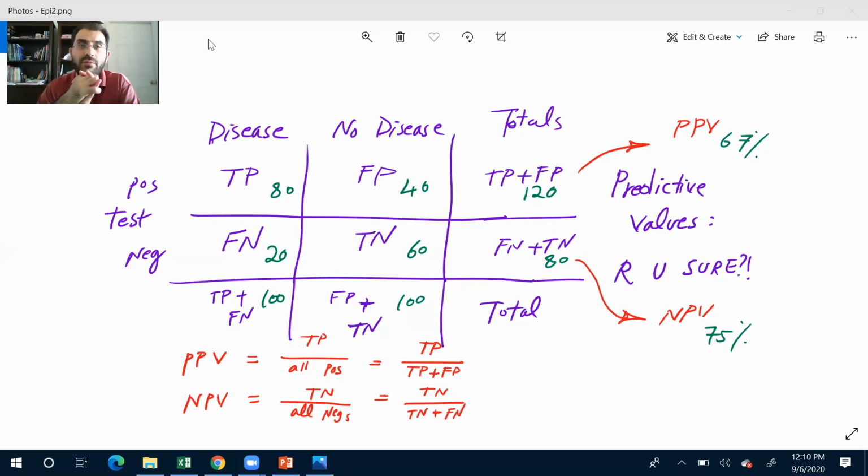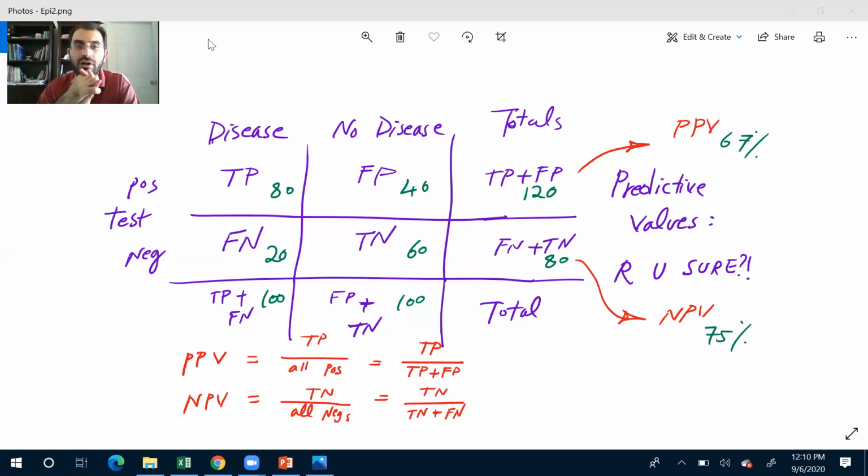No matter whether you come up with good news or bad news, the patient will ask you a question: are you sure? The answer to that question is the positive or negative predictive value. It means how sure you are about a test. How sure you are about a positive test is the positive predictive value.